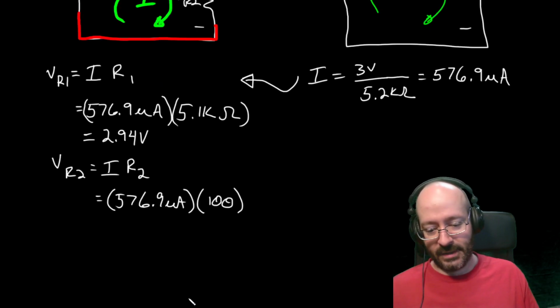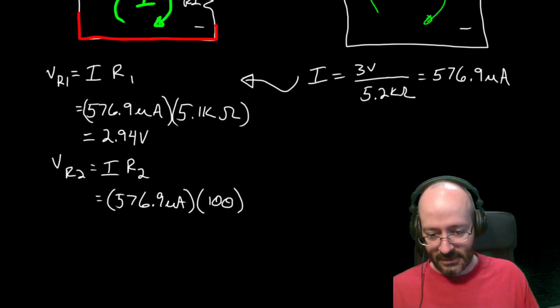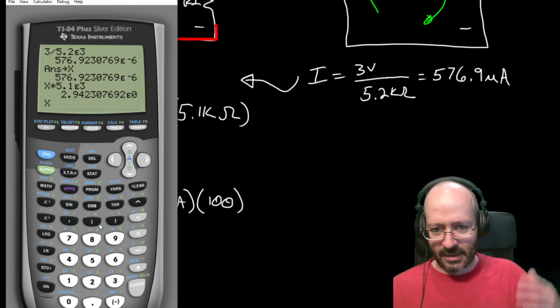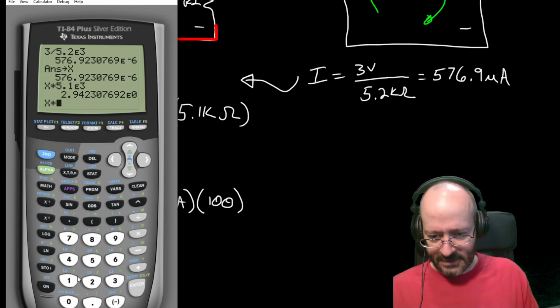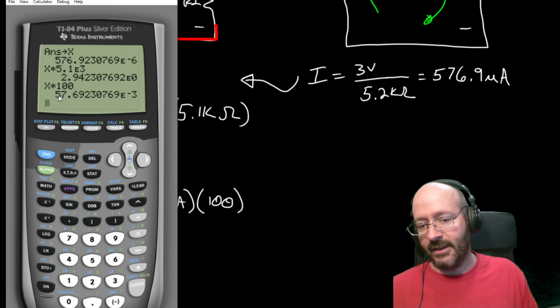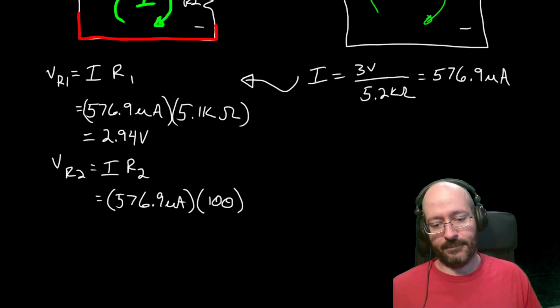Arguably I should be able to do that in my head, but I can only rub my stomach and pat my head so much. So we multiply by 100, and we get 57.7 millivolts.